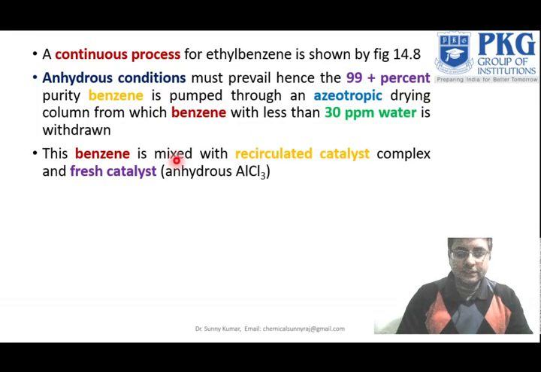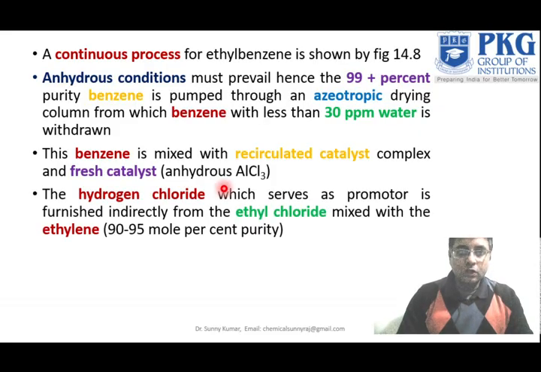The benzene is mixed with recirculated catalyst complex and fresh catalyst, anhydrous aluminum chloride. Hydrogen chloride, which serves as promoter, is furnished indirectly from ethyl chloride mixed with the ethylene, which is 90 to 95 mole percent pure.